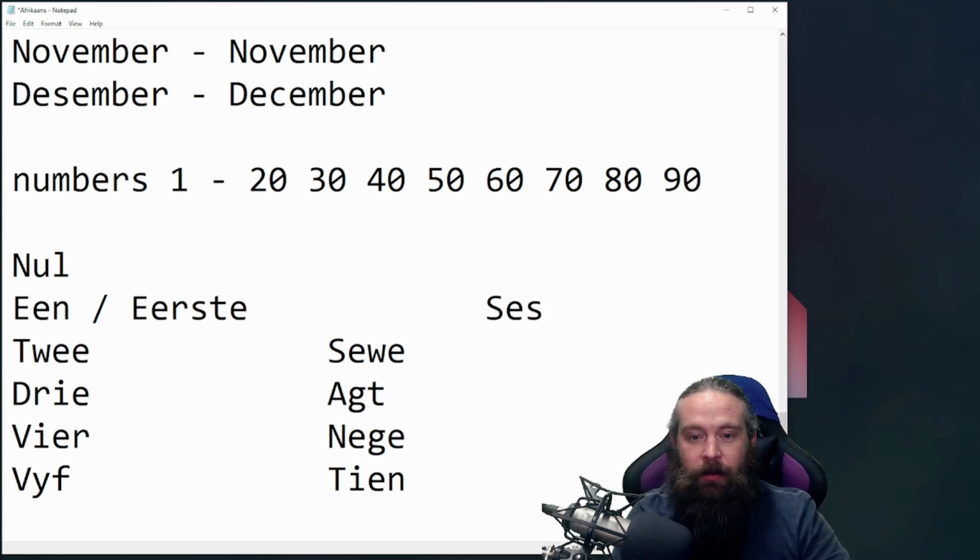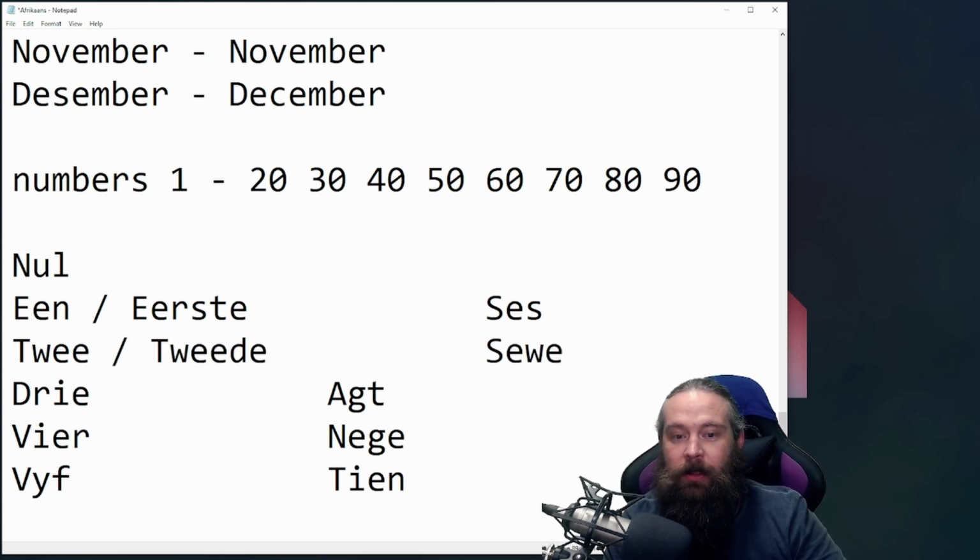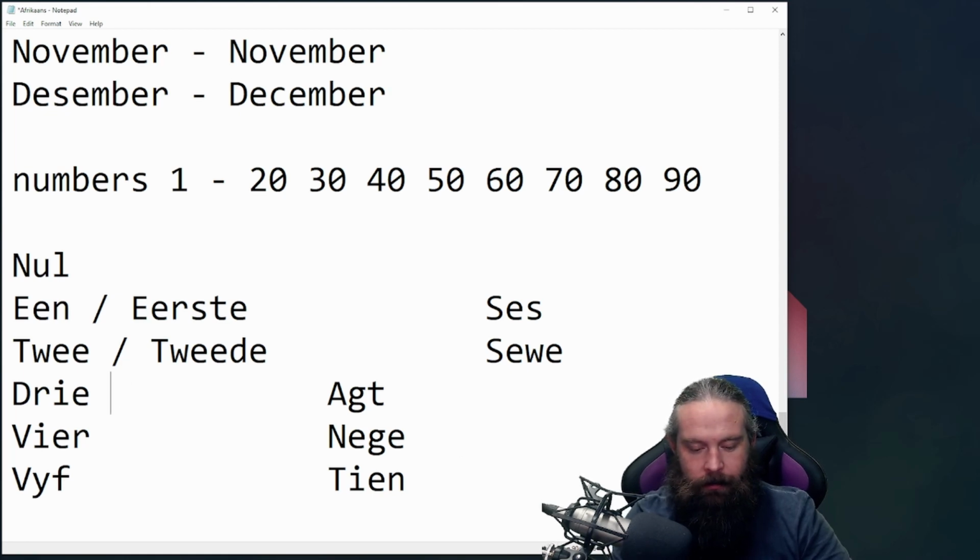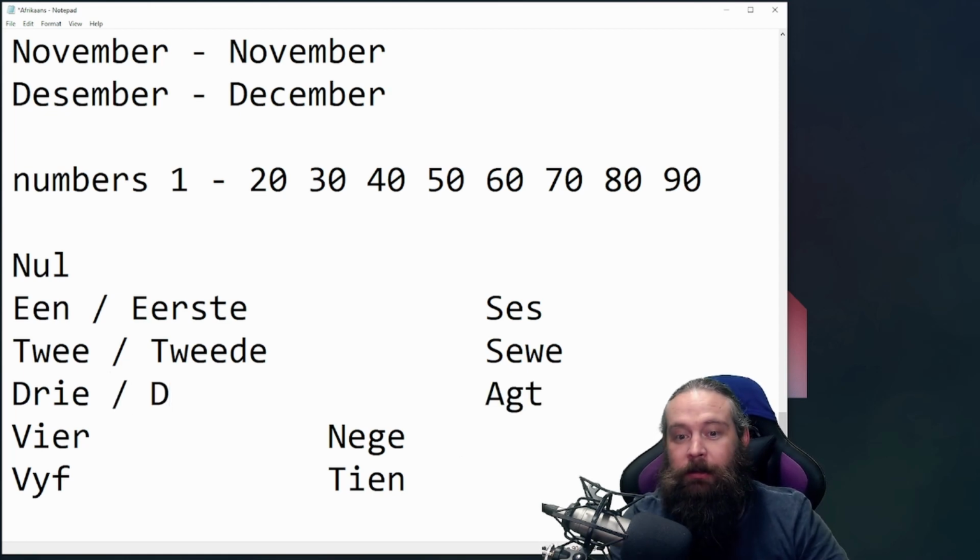Then you've got 2, and if you want to go second, tweede. If you want to go third, now this is where it gets difficult: derde. Third, derde.